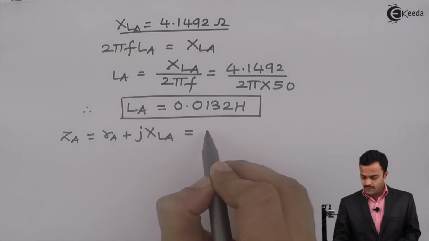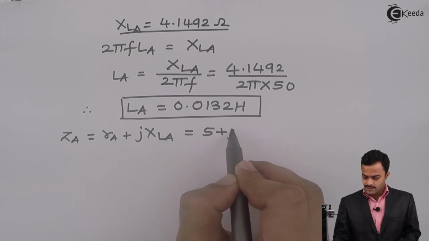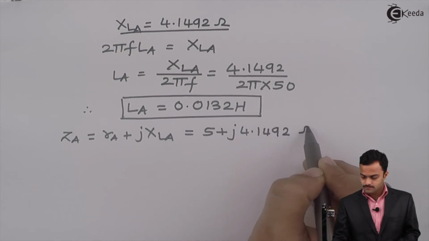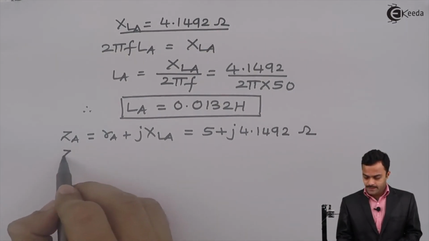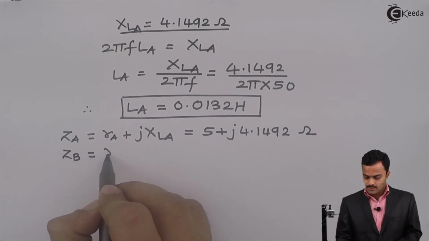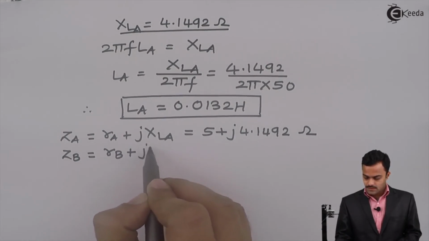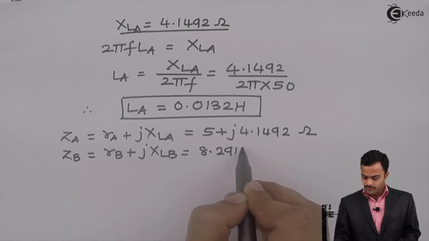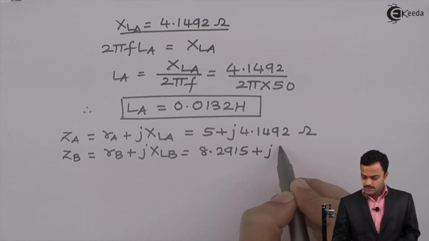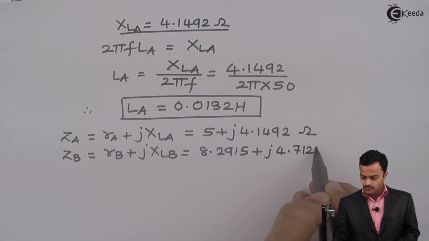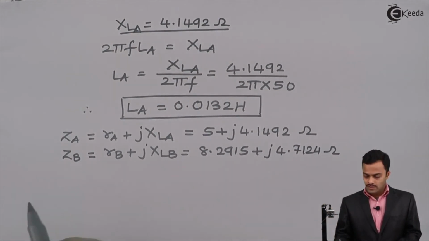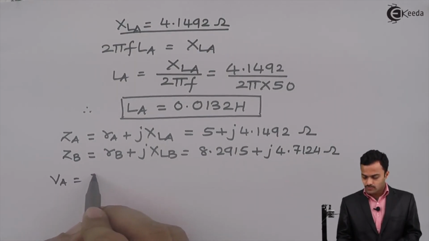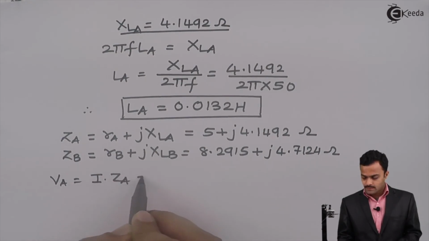So RA is 5, JXLA is 4.1492 ohm, and ZB is RB plus JXLB, which is equal to 8.2915 plus J 4.7124 ohm.